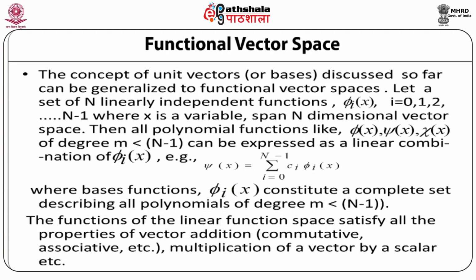So, if we have two scalars alpha and beta and a function phi(x), then we can define the associative property as alpha times (beta phi(x)) is equal to (alpha beta) times phi(x). And then we have the identity property, which means that if we have an identity vector I and a function phi(x), then I times phi(x) is equal to phi(x).